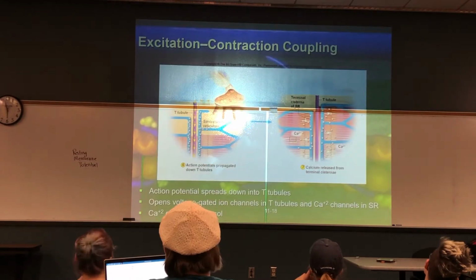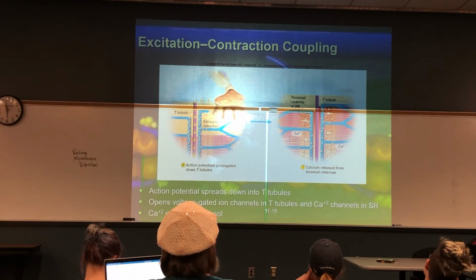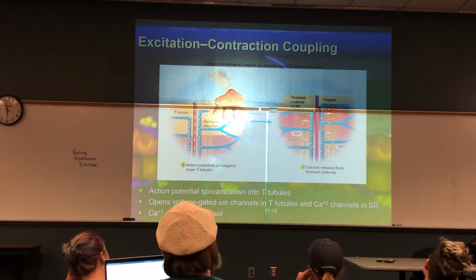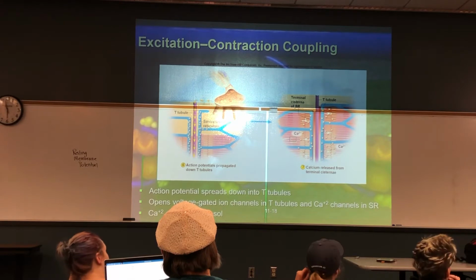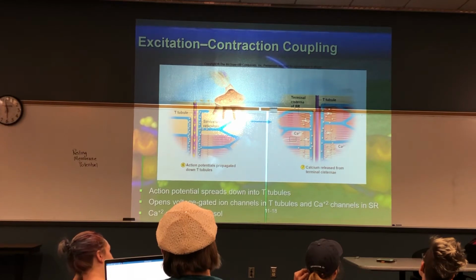So take a look over here. You can see that here's our knob, and as we create this electrical signal, this arrow representing the electricity continues down the sarcolemma until it meets one of the components of the triad. Remember the 3 components? Two cisterns that store calcium, and 1 T-tubule that we said was an electrical pipe.